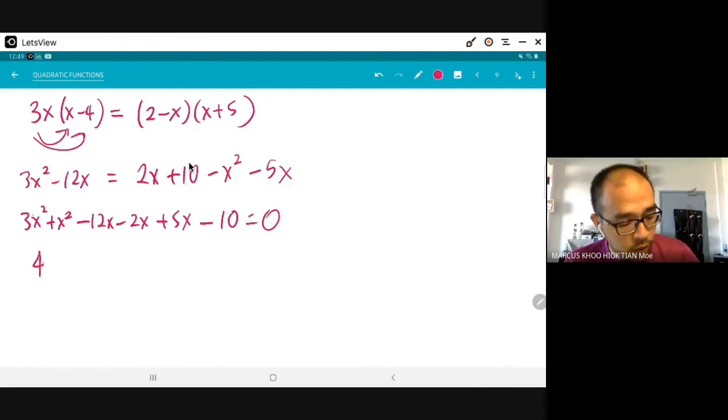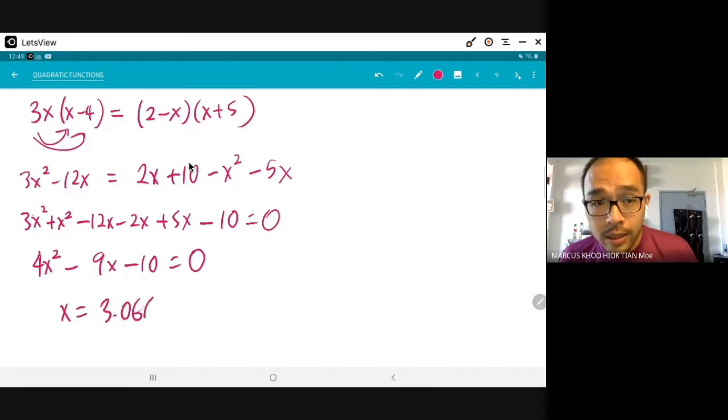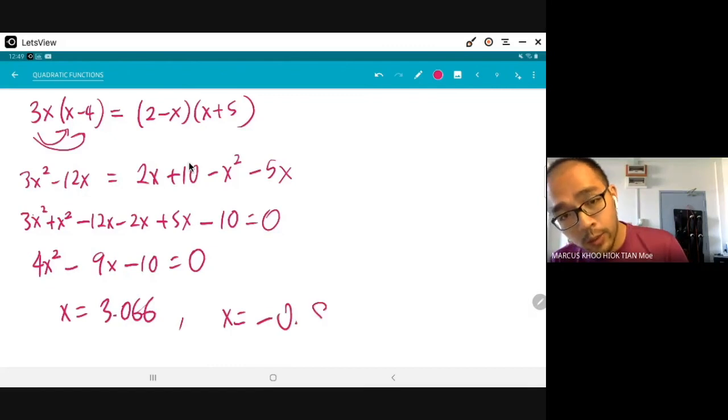So this will give us 4x squared minus 9x minus 10 equals to 0. So lepas kamu guna formula, you should get x equals to 3.066 and x equals to negative 0.816.